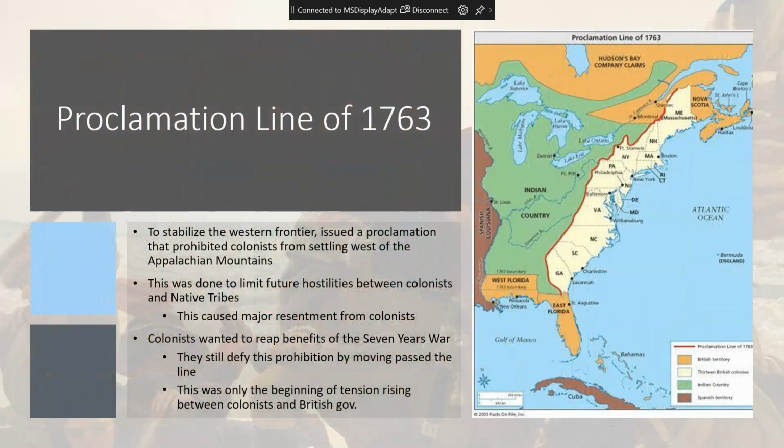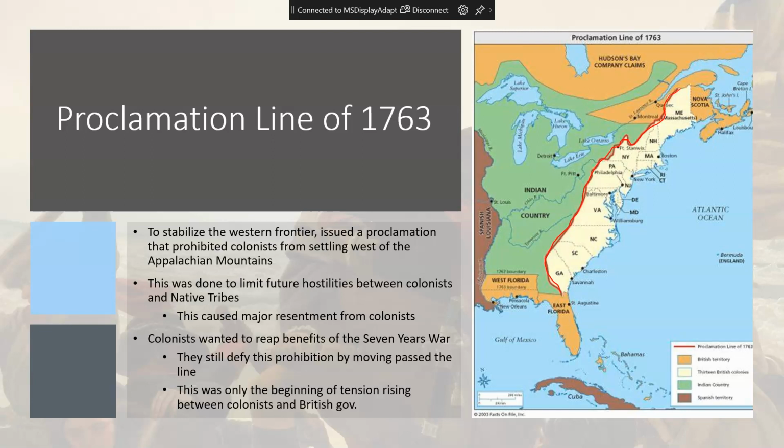The Proclamation Line, what it does is it basically creates an imaginary line. There's no actual barrier, but an imaginary red line that stops any English settler from crossing it. And basically you can be arrested, jailed for life if you go into different territory.